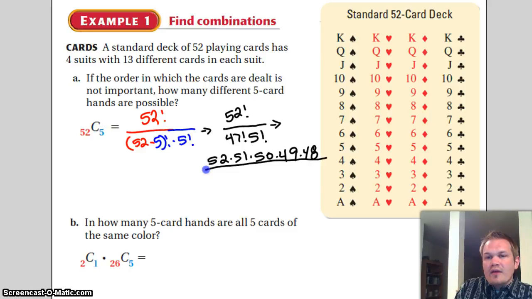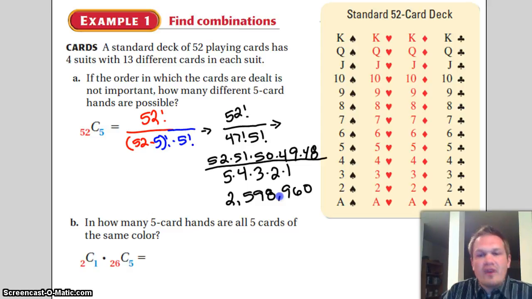In the denominator, the 47 factorial divided out, and 5 times 4 times 3 times 2 times 1 is left behind. I could have 2,598,960 different 5-card hands possible from a standard 52-card deck.